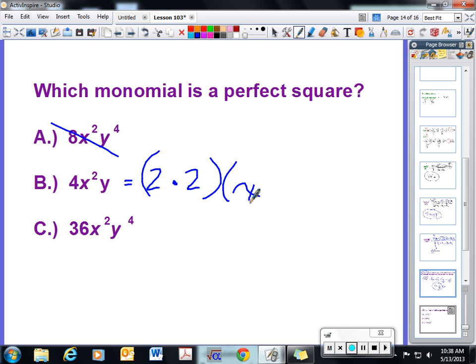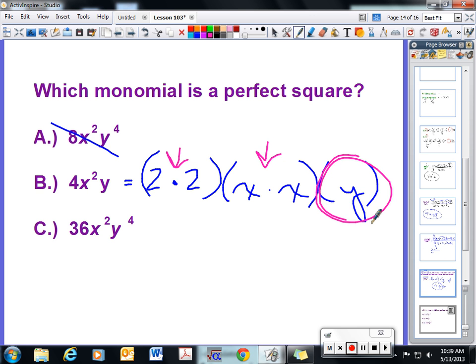And then you have x times x, and then you have y. Alright, now that was not a perfect square. We were okay with the 2 times 2. We were okay with the x squared, but there is no way that you can break y up into a square root. So it can't be b. Well, obviously it's c, but let's go ahead and work it out here.